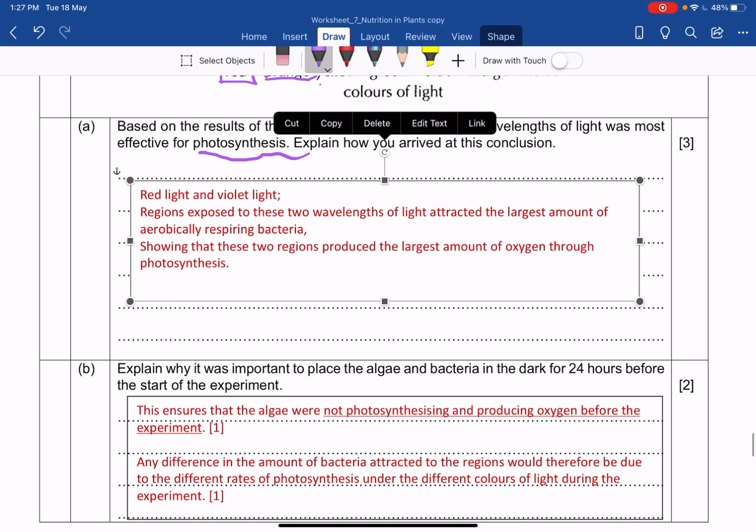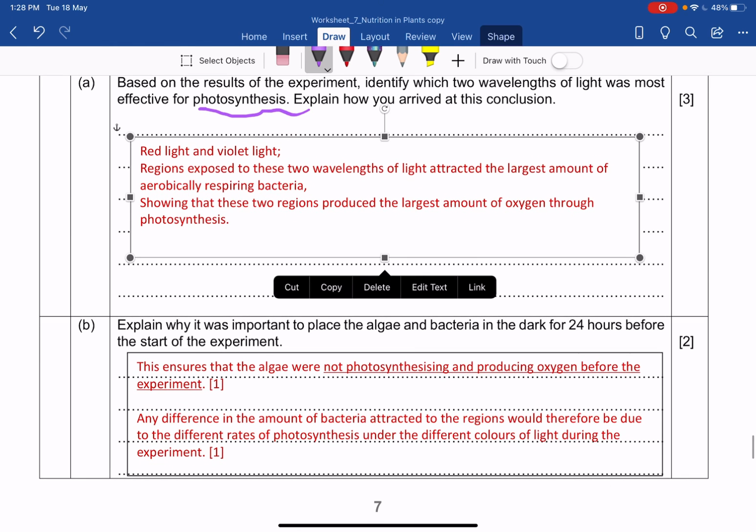For part B, explain why it is important to place the algae and bacteria in the dark for 24 hours before the start of an experiment. It's the same reason why we place plants in the dark to destarch in the investigations you have learned in your textbook.